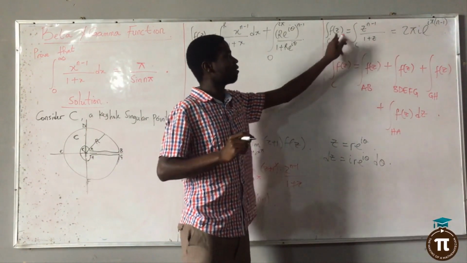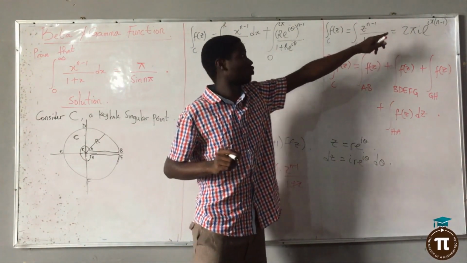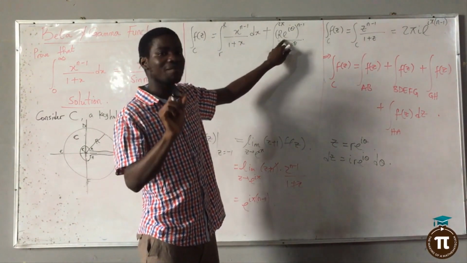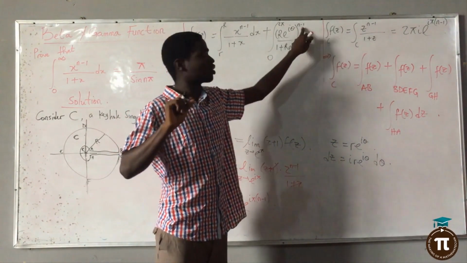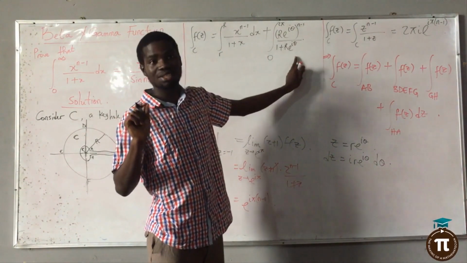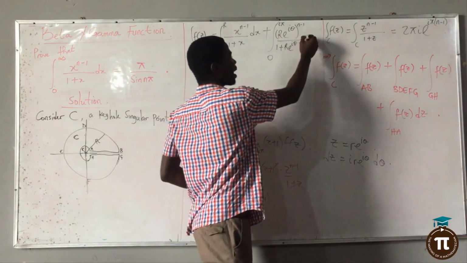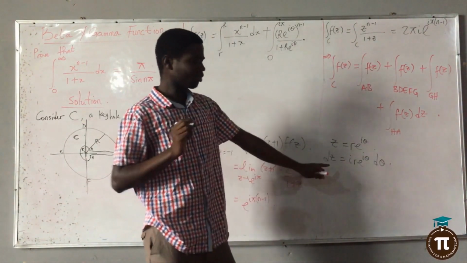Don't forget f of z is z raised to the power of n minus 1 over 1 plus z.